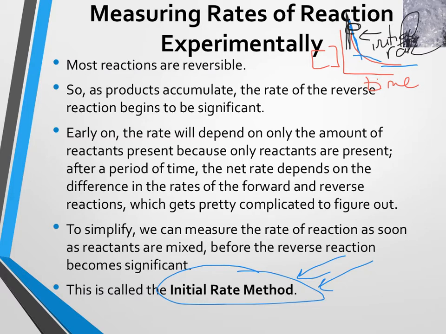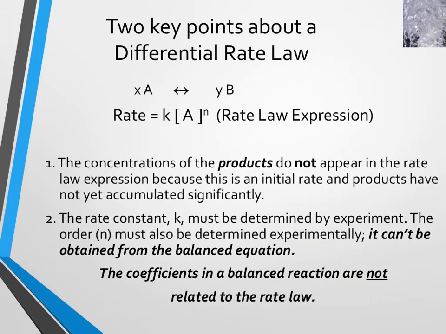So initial rate methods are used to determine differential rate laws, okay? This is really just a recap of what I already said, but there are some important points. Generic expression for the rate law. Just maybe restating the obvious, but the rate law only includes concentrations of reactants.